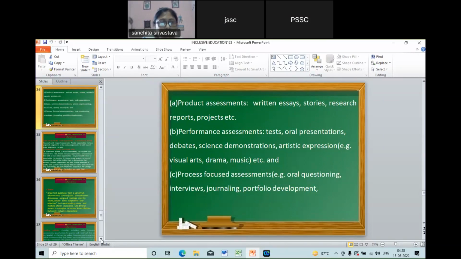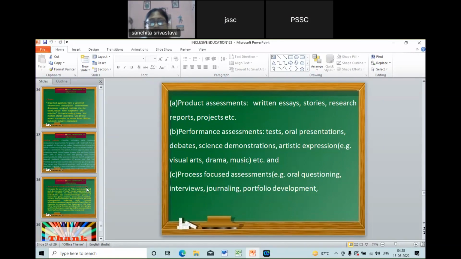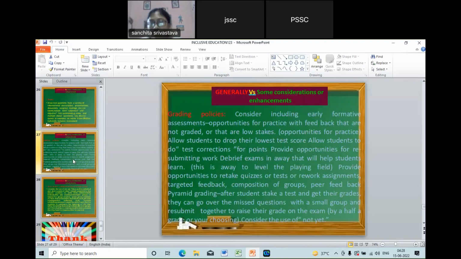Now finally, I want to conclude that whenever we are dealing with grading policies, they should be low stakes, that means children who have lower scores should be allowed test correction, provide opportunity to resubmit their work, debrief exam, that means we can always re-exam them.